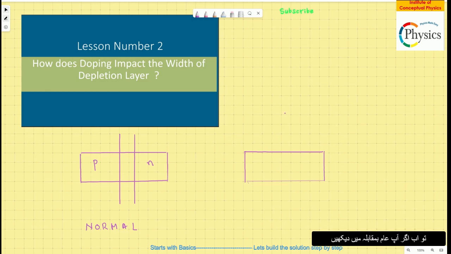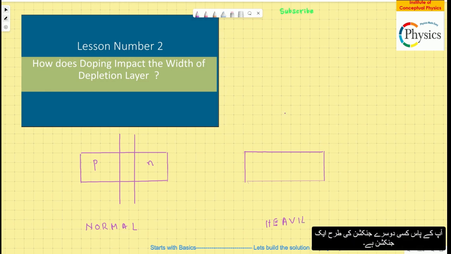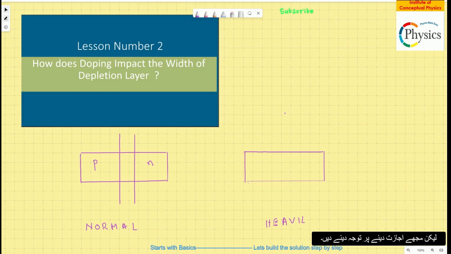Now if you look into ordinary versus a heavily doped, this is your heavily doped material. So this is heavily doped PN junction. You have a junction like any other junction, but let me just concentrate on the left side.